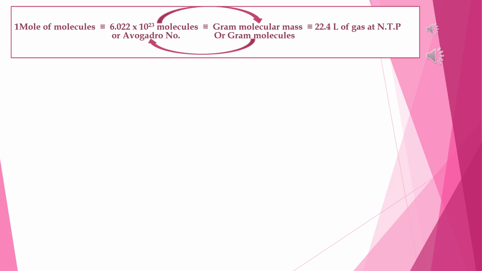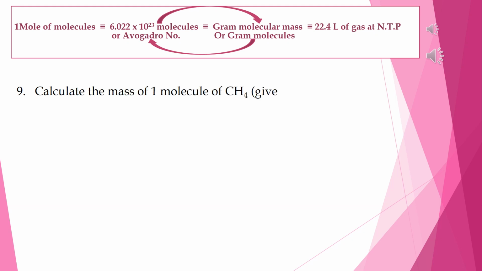So here comes another case in which Avogadro number of molecules is related to gram molecular mass, or vice versa. The 9th numerical is: calculate the mass of 1 molecule of methane. The formula of methane is CH4.